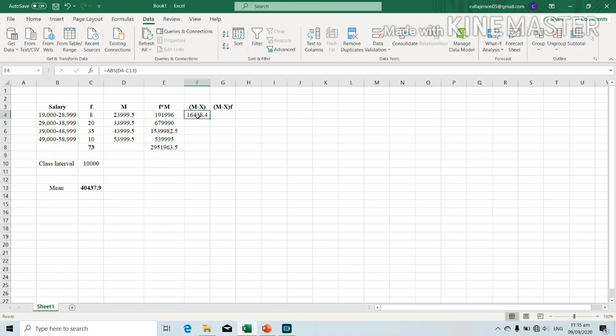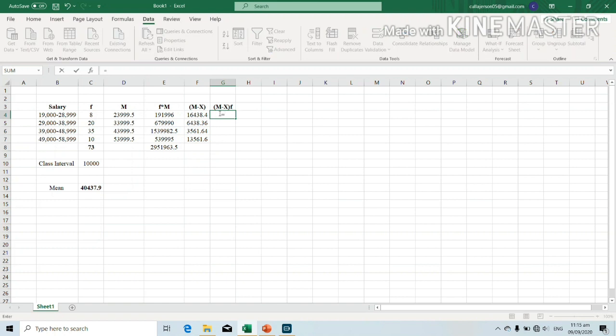Then, lagyan lang natin ng dollar sign. Ito, para pwede na nating hilahin. Yan. Then, hilahin lang natin. Yan yung kanyang m minus x.